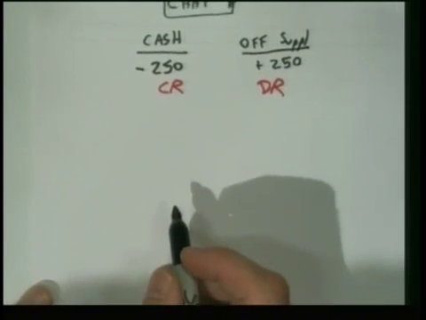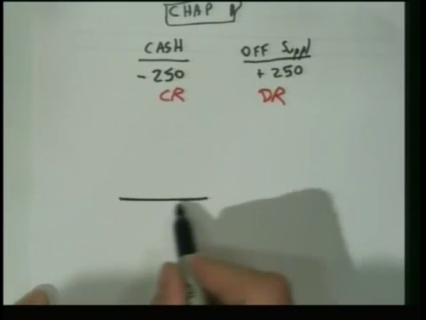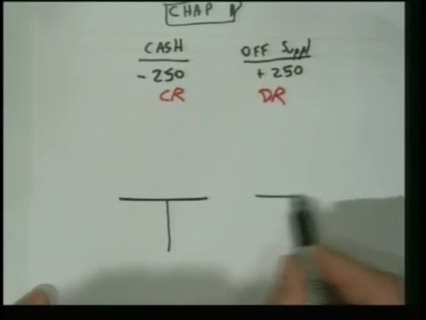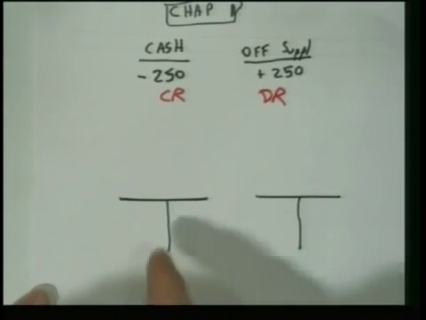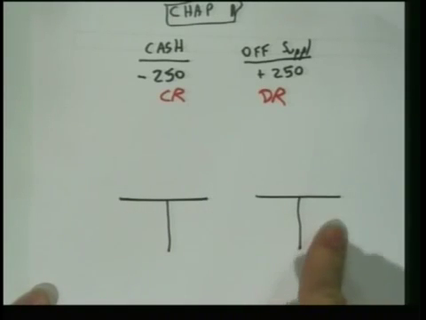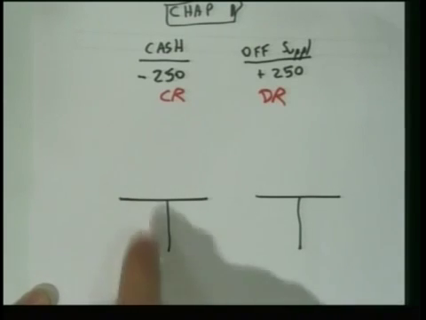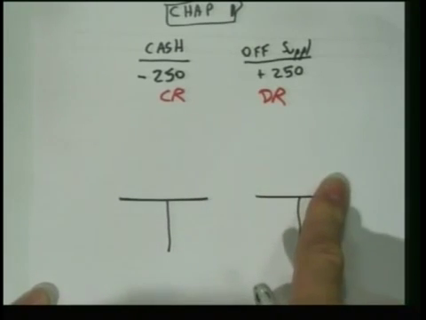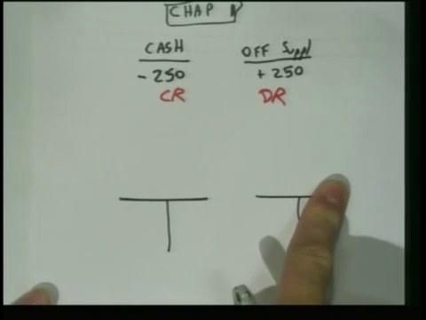And we also learned last period about T accounts, didn't we? We learned that the left side is always the debit side, the right side is always the credit side, correct? And you're going to notice when I do T accounts, I'm not going to keep putting debit, credit, just because of space and time.